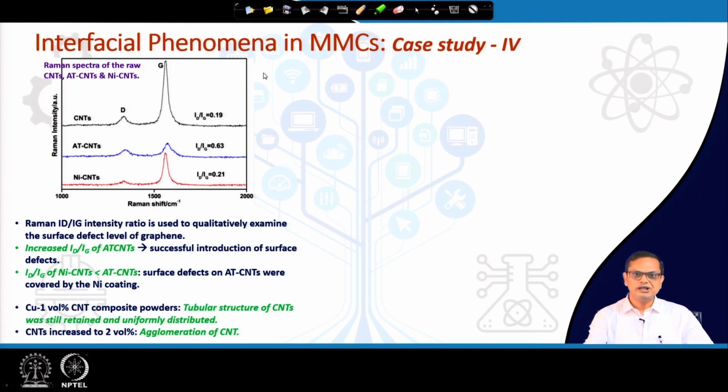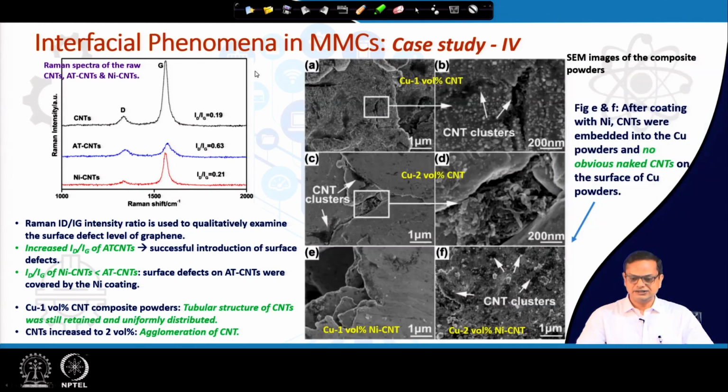Okay. Now, let us see once the powder is mixed. This image is not coming from any composite material, but it is a composite powder. The powder has been mixed by ball milling, and after mixing by ball milling, how the carbon nanotubes are distributed with the copper particles has been shown here.